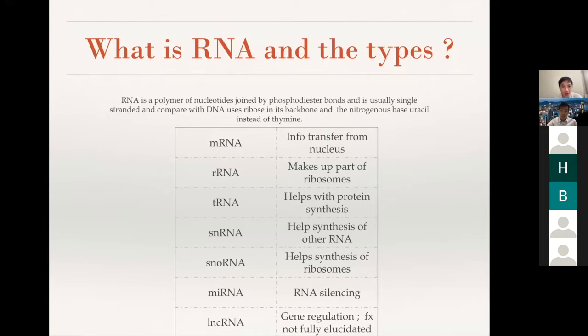Then small nucleolar RNA, or snoRNA. They are RNA molecules of roughly 60 to 300 nucleotides in size, and they play a role in the synthesis of RNA by cutting down the size of the precursor rRNA. Second to last, we have the microRNA, or miRNA.